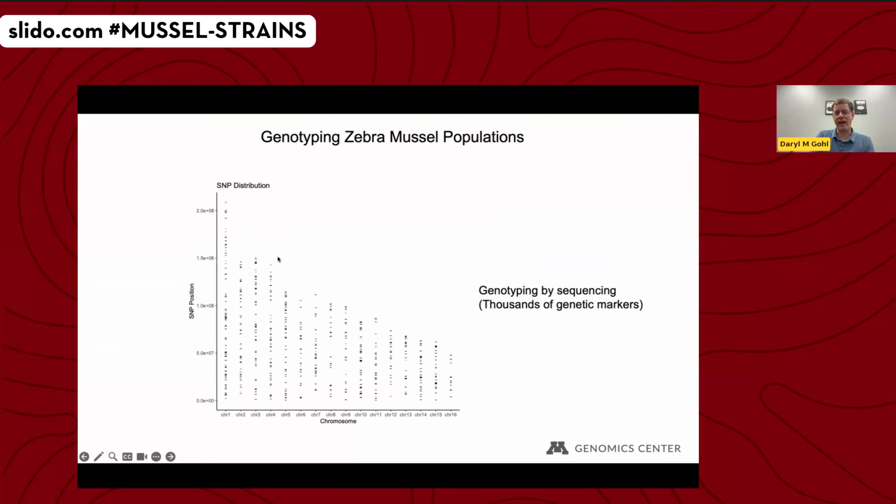You can see the outline of those chromosome lengths in this map. The genetic markers, or single nucleotide polymorphisms, are shown as ticks on this plot. You can see these are spaced widely throughout the genome. They cover all 16 chromosomes, and they give us a good representation of what the genetic background of a specific animal is.